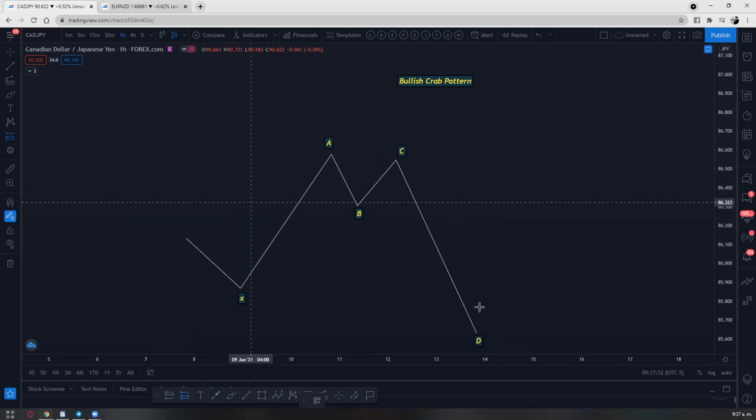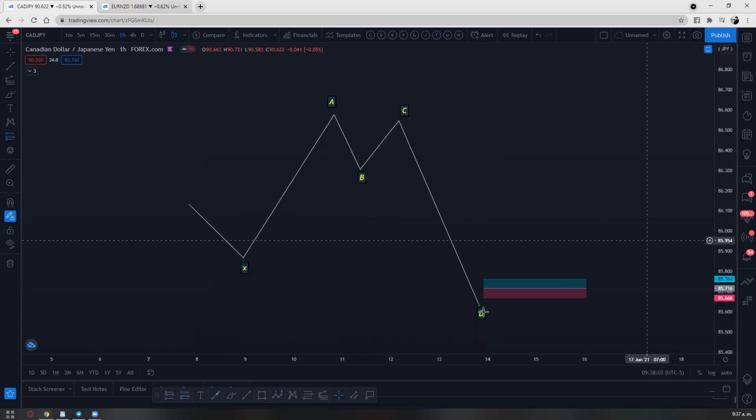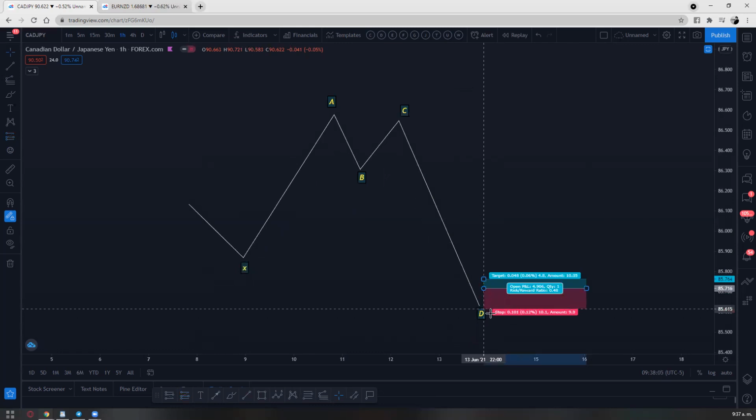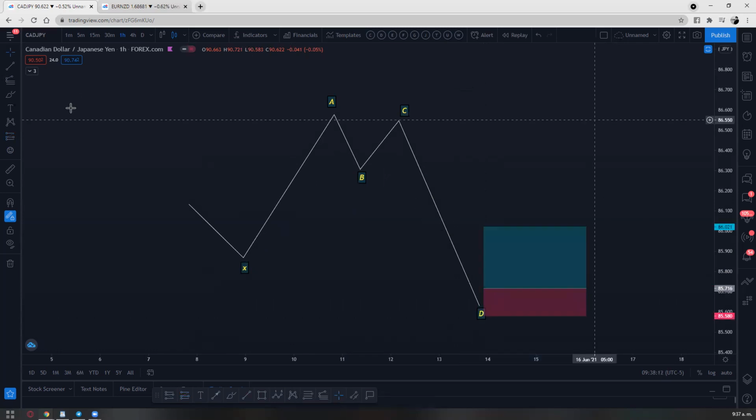Whenever you see this type of pattern, the way we do an entry here is like this. We should be going in there, stop loss below, maybe a couple of pips below the last low. Take profit. I'm going to tell you where to take your take profit. Let me go. Where's the Fibonacci?